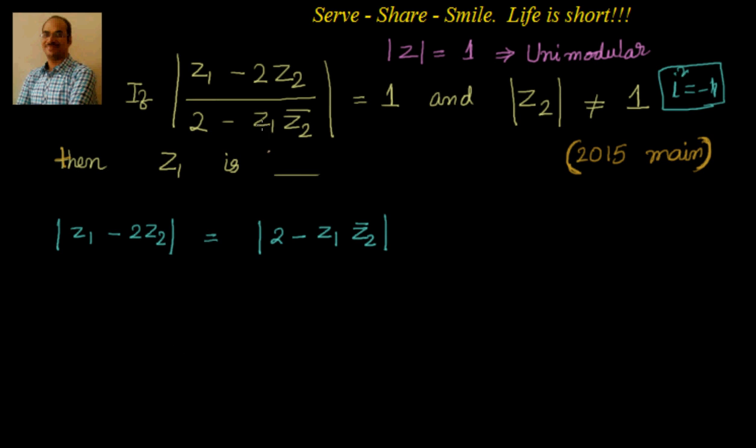What I did is simply taken the denominator to the left hand side, and that is modulus of z1 minus 2z2 is equal to modulus of 2 minus z1 z2 conjugate. Now what we will do, we'll square it on both sides, because we want to apply the formula that mod z whole square is equal to z into conjugate of z. That's what we want to leverage.